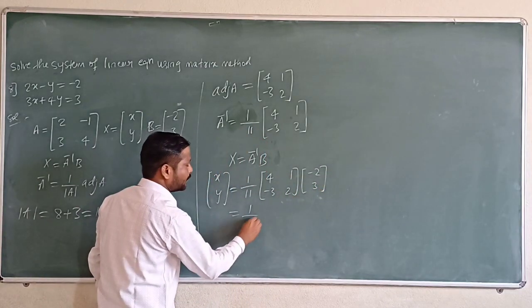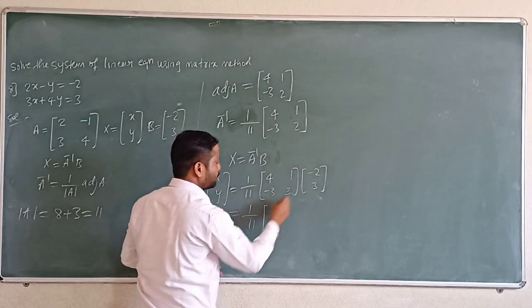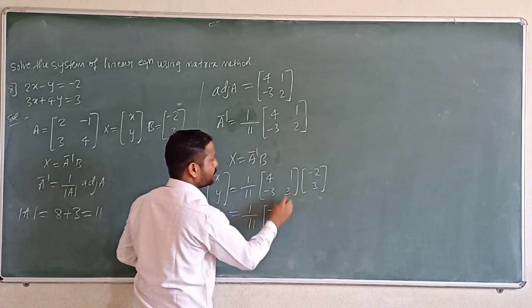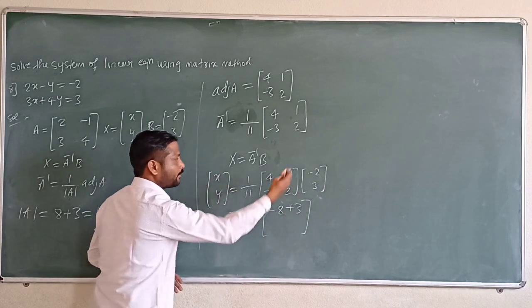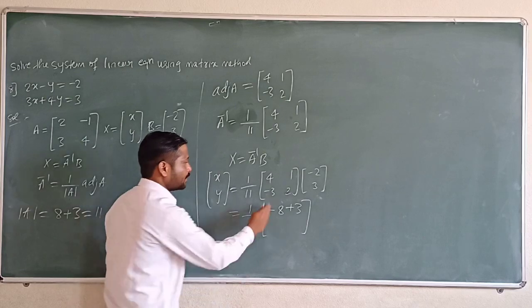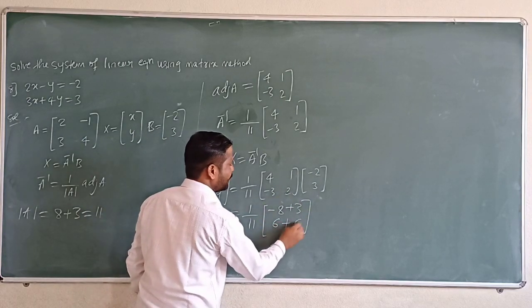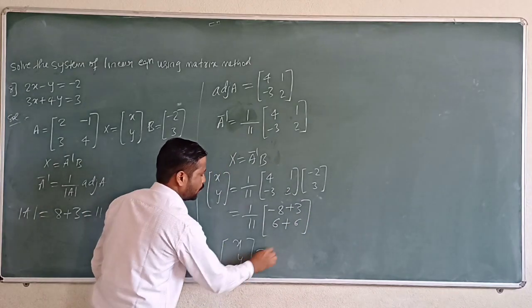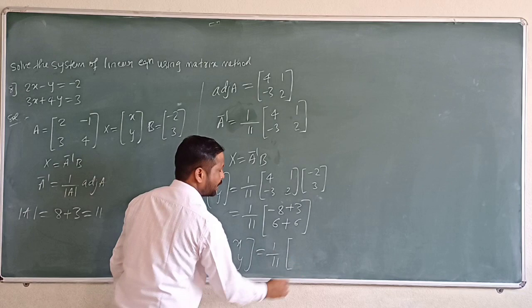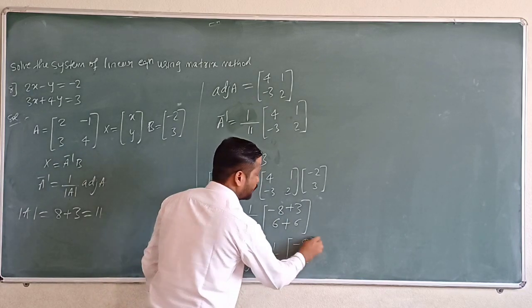That is 1 by 11 into 4, now multiply: plus into minus is minus, 4 2s are 8. Plus into plus is plus, 1 3 is 3. Second row first column: minus into minus is plus, 3 2s are 6. Plus into plus is plus, 2 3s are 6. Then x y is equal to 1 by 11 into minus 8 plus 3, that is minus 5, and 6 plus 6, that is 12.